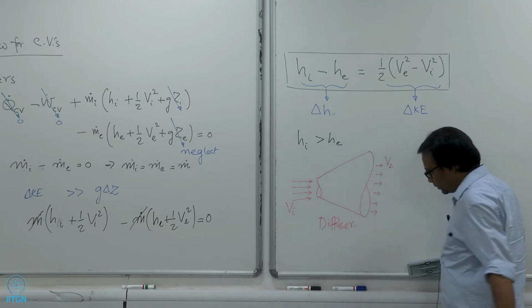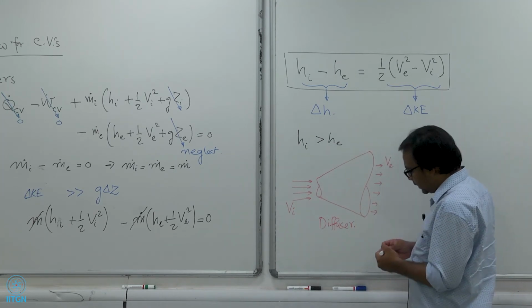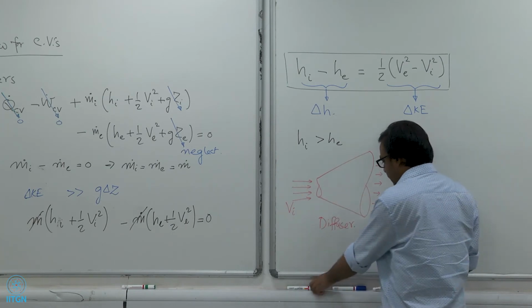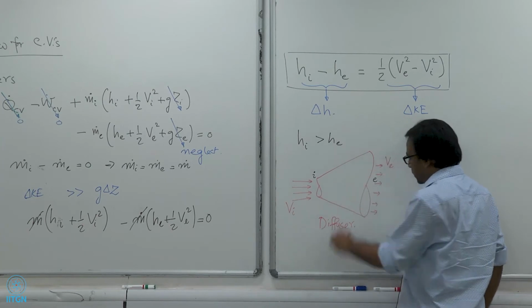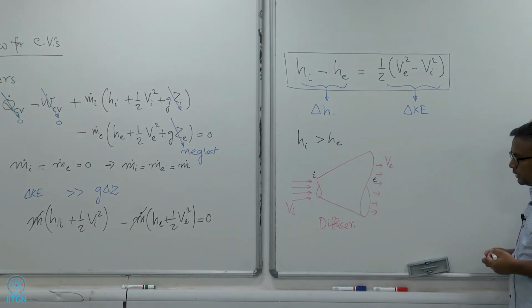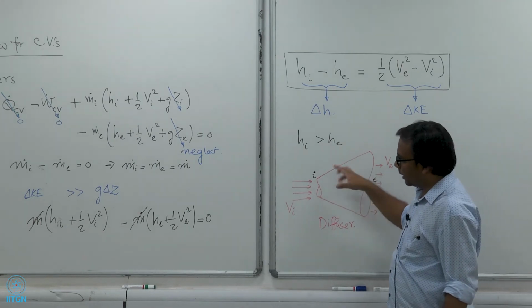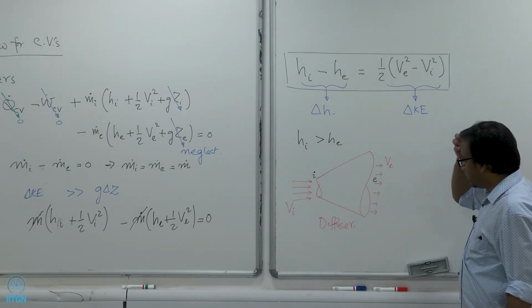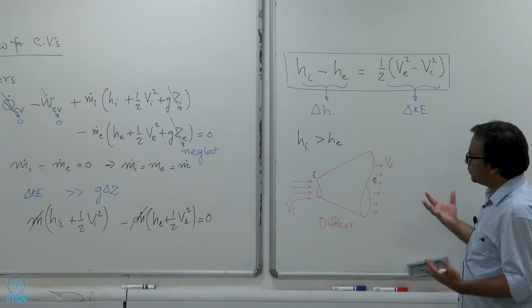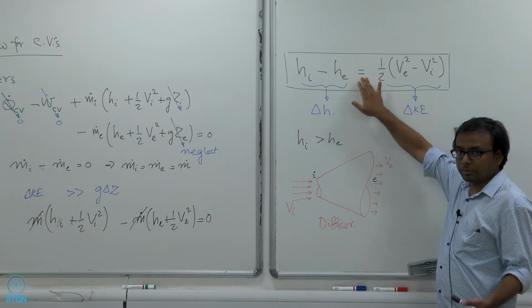There is only one inlet, one outlet. It is a steady state device. All the assumptions for a nozzle apply here also. So, Q dot and W dot are 0, which means the same formula that we derived for the nozzle applies here.